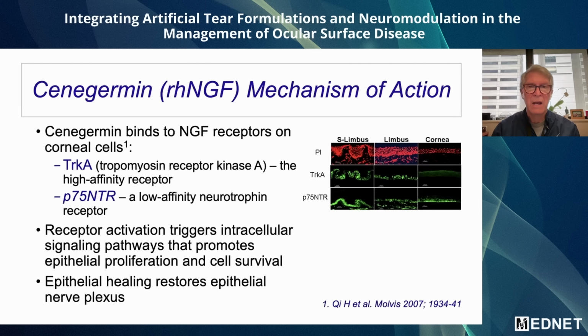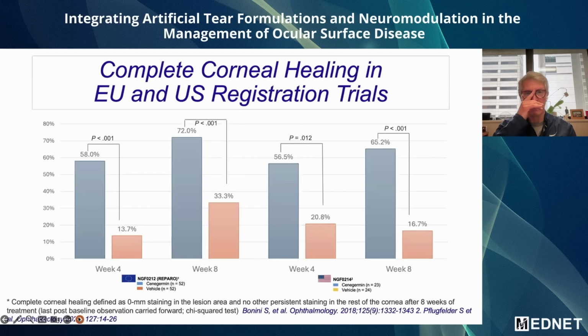And you can see on the right that this is immunostaining for both receptors, with higher density of receptors at the limbus for TrkA, and both in the limbus and the cornea for the P75. Receptor activation triggers intracellular signaling pathways that promote epithelial proliferation and cell survival. And epithelial healing can help to restore the epithelial nerve plexus that I showed you.